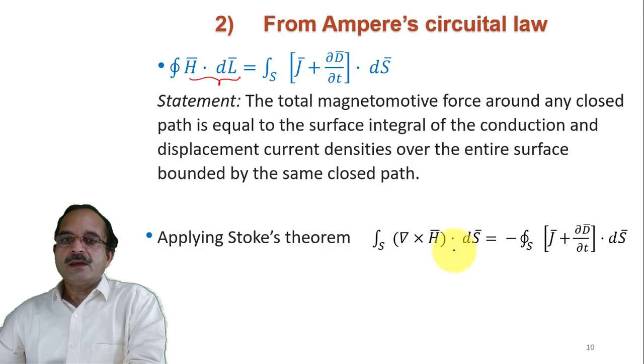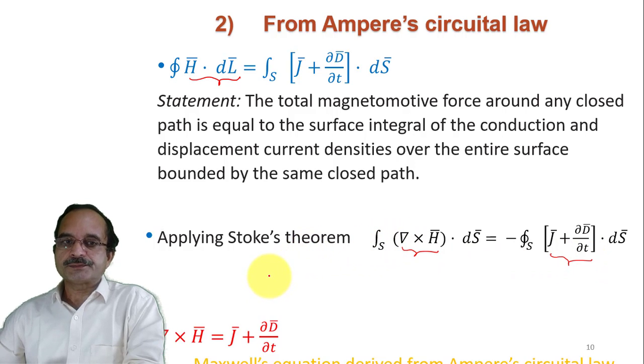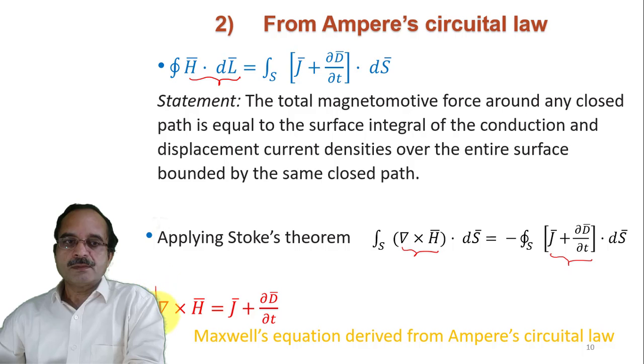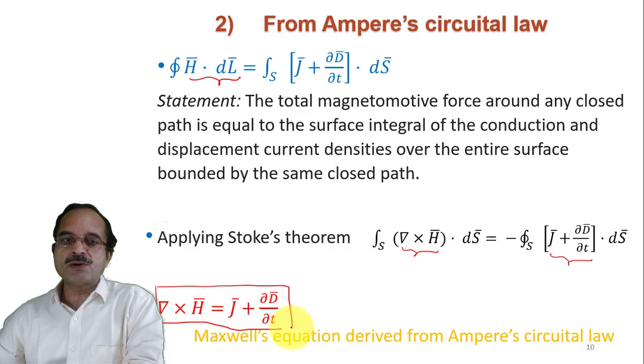Now again, if we equate LHS and RHS, then we can say del cross H is equal to J plus dD by dt. So we can write this as del cross H, that is the curl of H, is equal to conduction current density plus displacement current density. So this is the point form of the Maxwell's equation for time varying field derived from Ampere's circuit law.